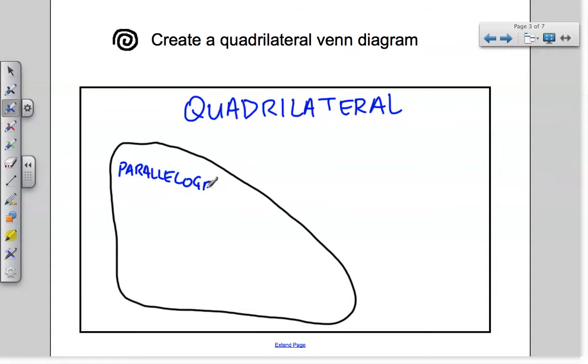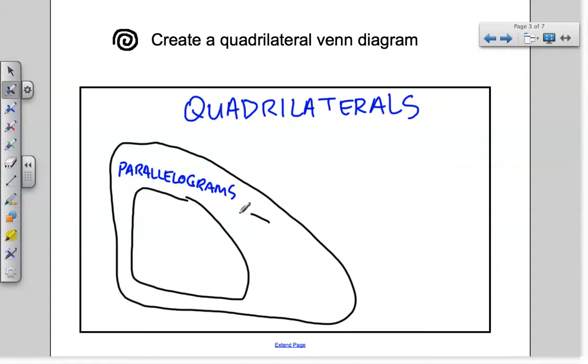And I put a pretty big area for parallelograms, because it is a pretty big category. So quadrilaterals in this box, parallelograms in here, and within that, remember there's 3 types of parallelograms. We talked about rectangles, rhombuses, and squares, but a square is a combination of a rectangle and a rhombus. So I need to have an overlap for the next 2 that I do here.